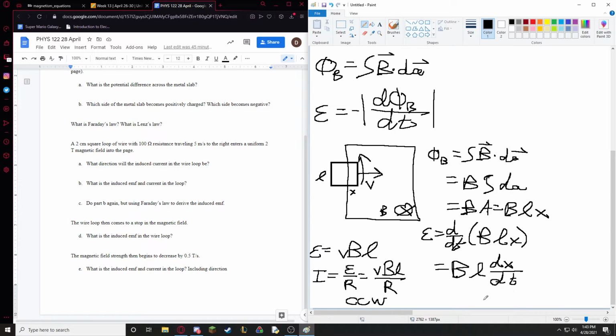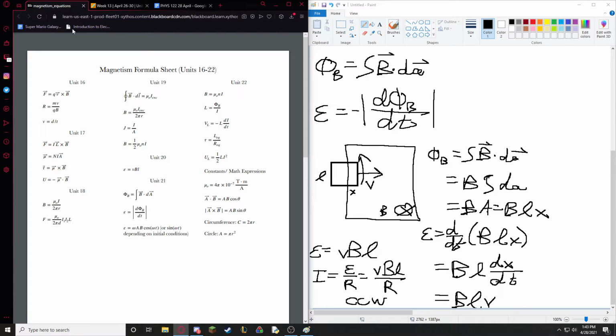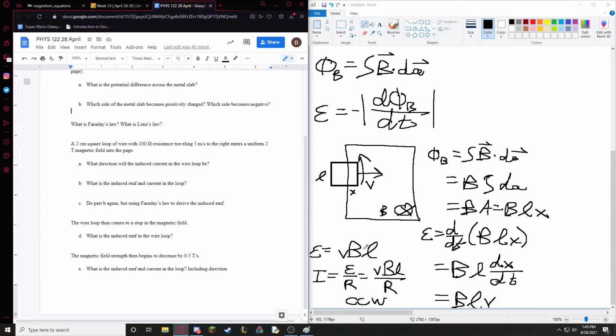Velocity? Exactly. BLV, or VBL, however you want to put it. I think from our formula sheet, it's VBL. We have our magnetic field times our length times our velocity. That's our motional EMF that we've derived from Faraday's law.